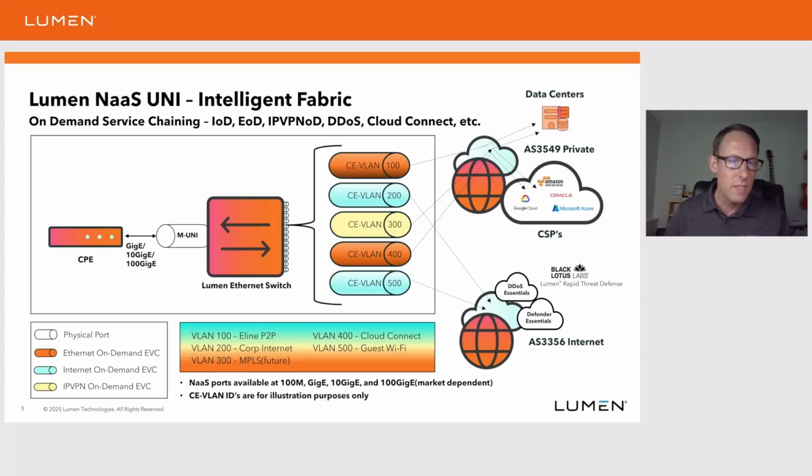So what are we really trying to solve for? We're trying to solve for things like slow provisioning and deployment that in the past has taken weeks and months, and reducing that to days or hours, right? As well, we've seen a lack of agility and flexibility that causes issues for customers with the changing demands of the network that you have.